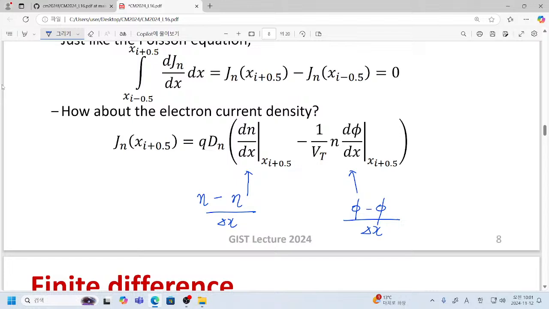Then the point is, now here we have n. Then what is n? This is electron density, but think about this one. Here we have a segment.